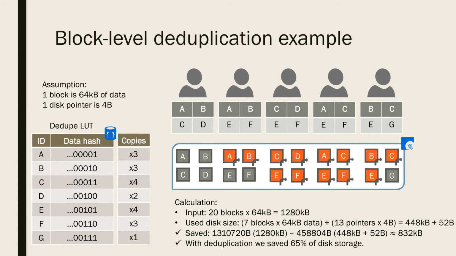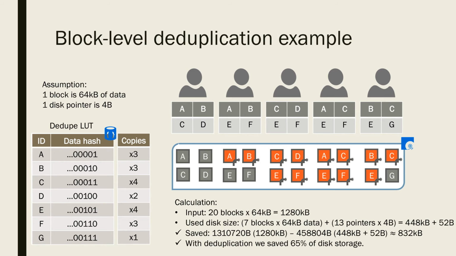Used disk size is these 7 distinct blocks A, B, C, D, E, F, and G, which all have 64 kilobytes of data, plus 13 pointers which point to those data blocks, each of them having 4 bytes, and this is the amount of used disk size.